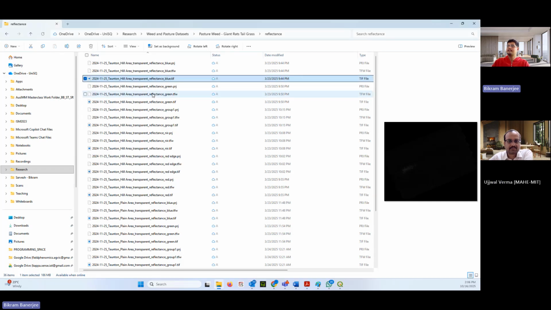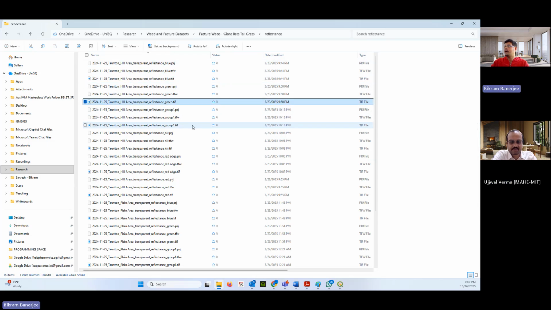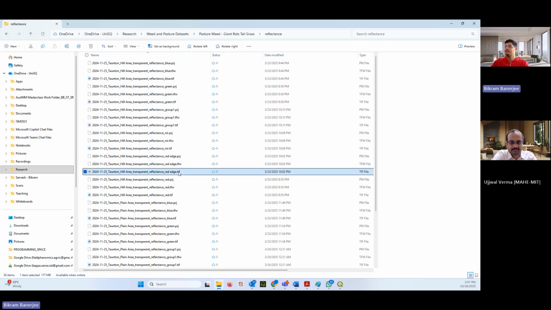You can seamlessly edit or do any processes there, and it will automatically use these background projections together with it. So these three files are a set. The date of acquisition is appended in front. Similarly, you will see blue, green, NIR and red edge. There's another red band.